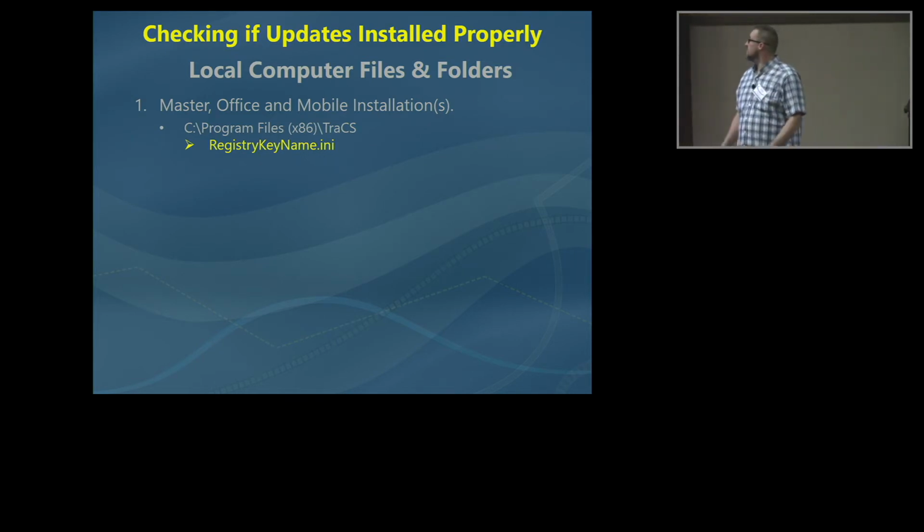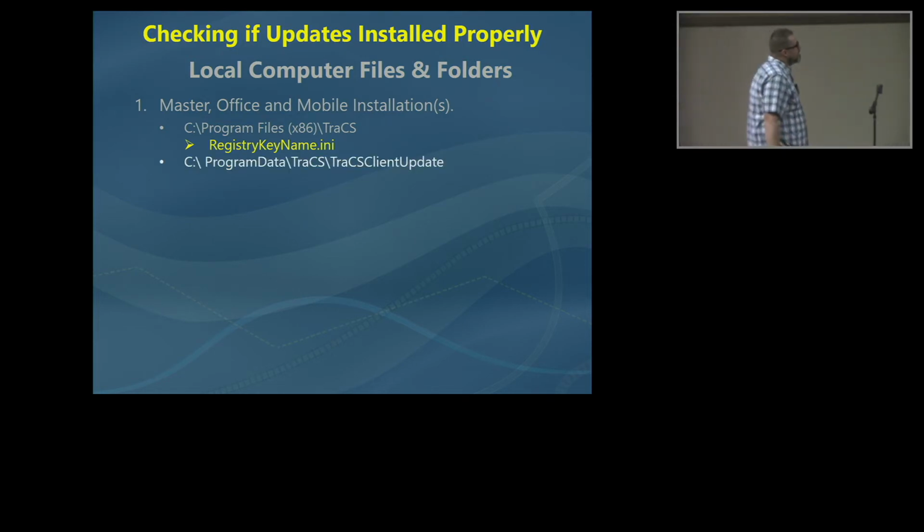In that Program Files x86 TraCS folder is a registry key named INI. And then the other path is going to be in the ProgramData structure, in a folder called TraCS Client Update. That folder is where these updates get downloaded to.